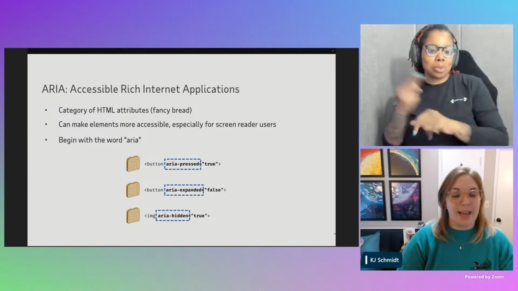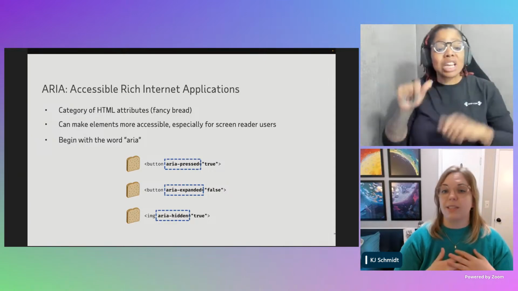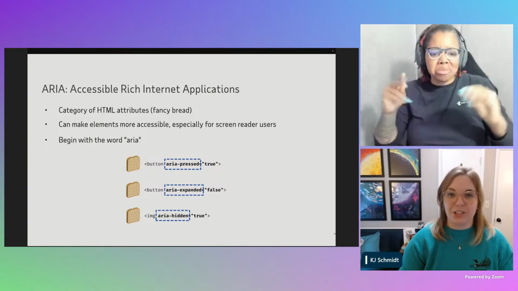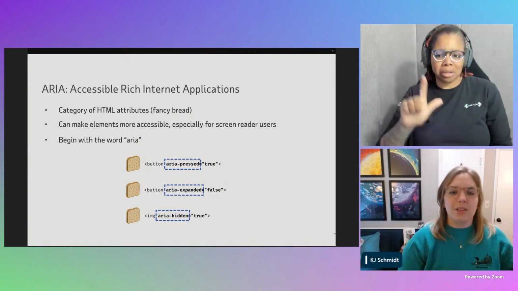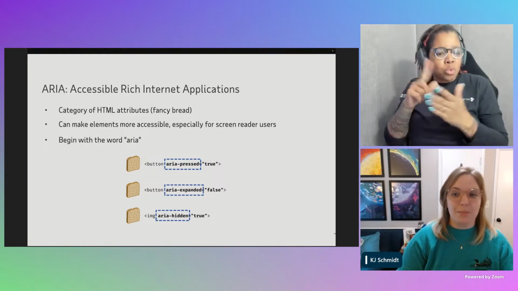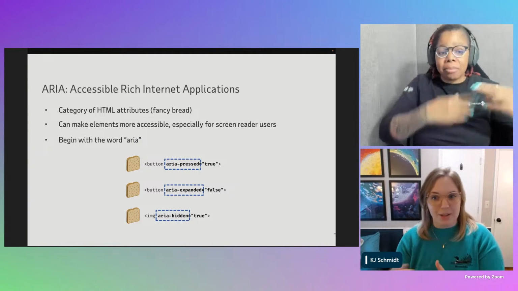And anyone writing HTML can use them. You don't need to download or buy anything, you can just use them like you can use HTML. They follow the same pattern as the attributes I showed before. We have attribute name equals some value.